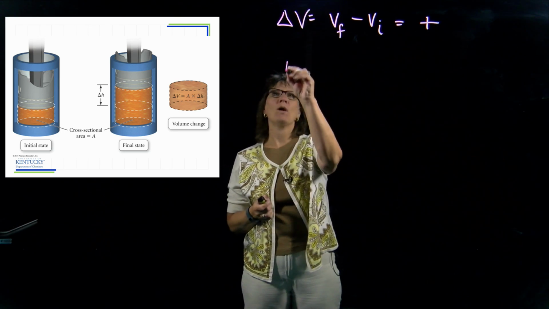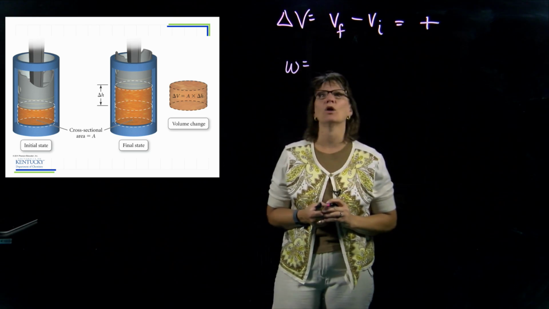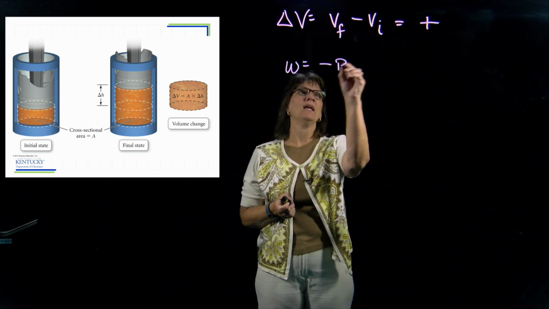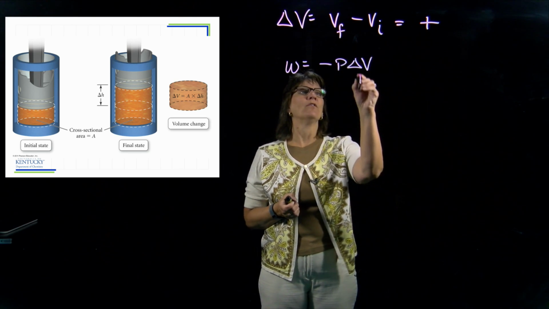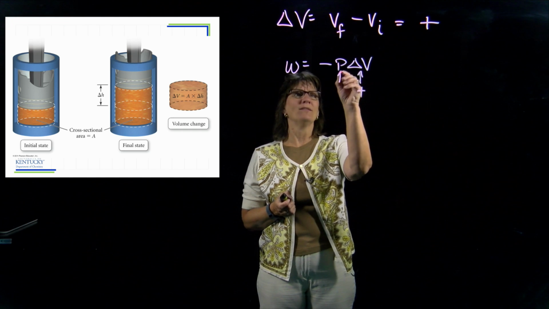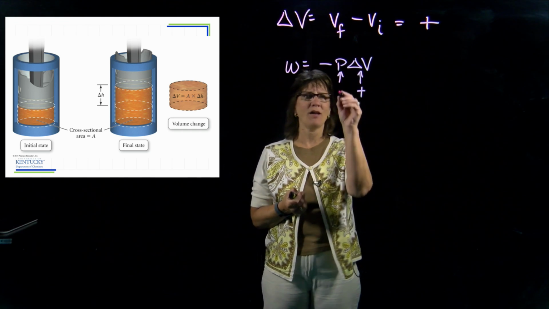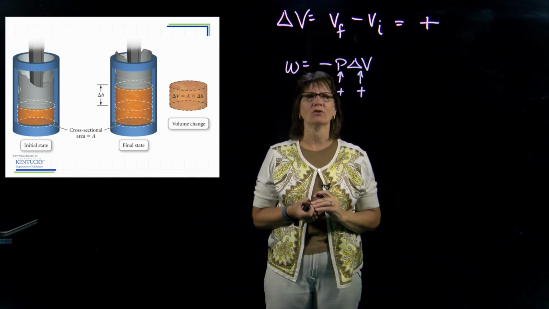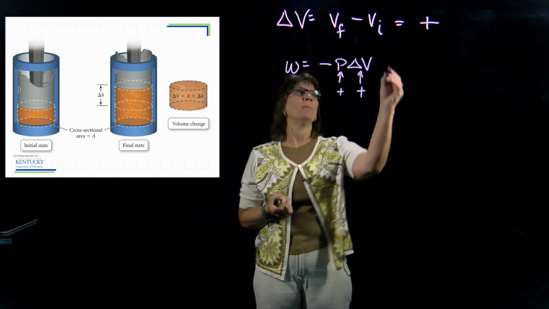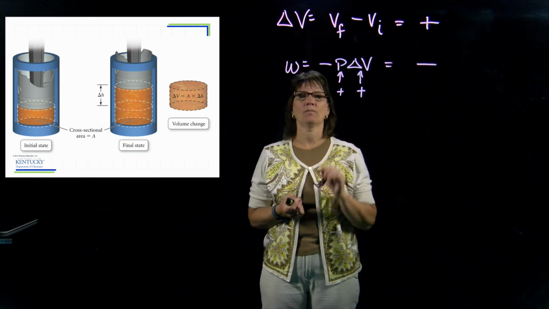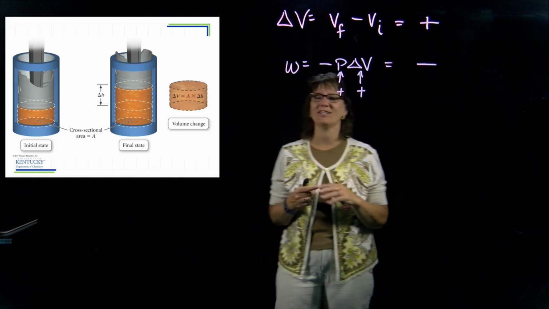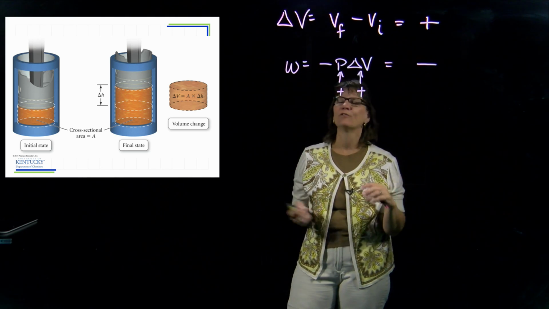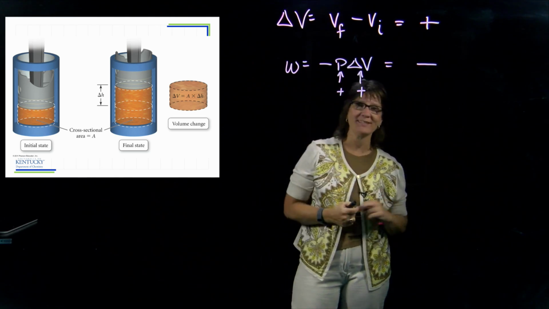Then we think about what's happening in terms of the sign of work. Work is a negative P delta V. Well, this is positive. It's always got to be pushing against a pressure that's positive. There's no such thing as a negative pressure. So the work would be a negative value.